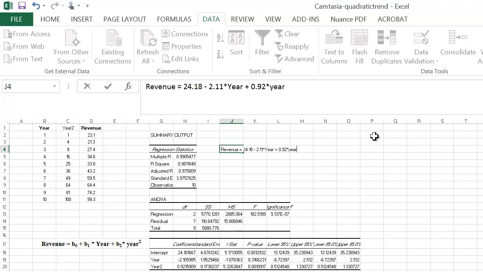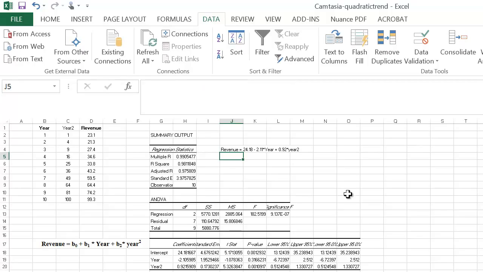Okay, so that should be year squared. So there's the equation. And once again, the coefficients have come from here. The intercept is 24.18. The coefficient for year is minus 2.11. I've just rounded it off to two decimal places. And the coefficient for year squared is 0.92.